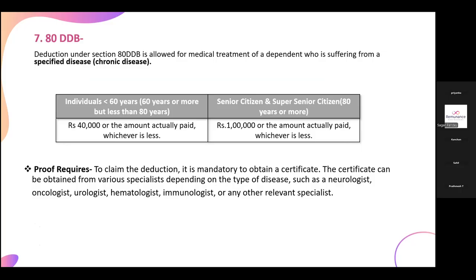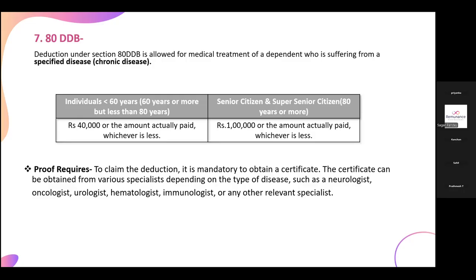Then is 80DDB. So 80DDB is for medical treatment of a dependent who is suffering from specified diseases like chronic diseases. Here the exemption is based on the number of years of age. For age between 60 to 80 years, the exemption limit is 40,000 or the amount which is actually paid, whichever is less.